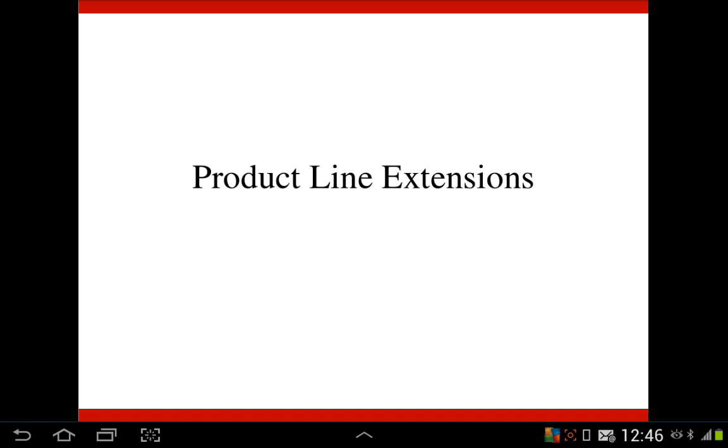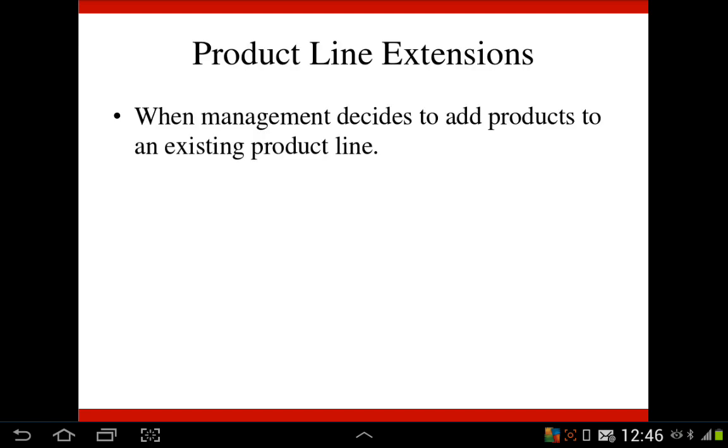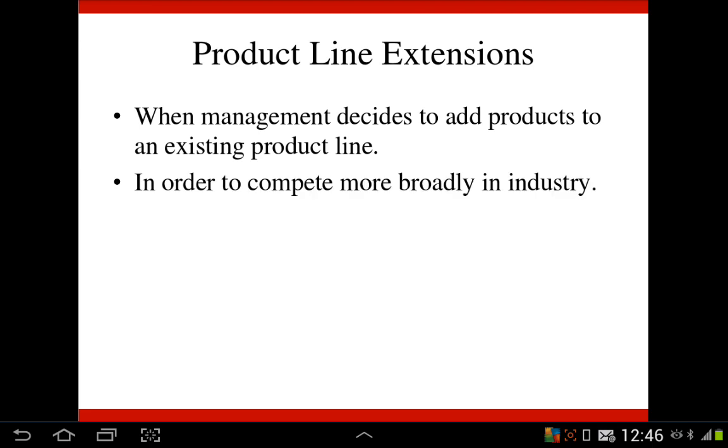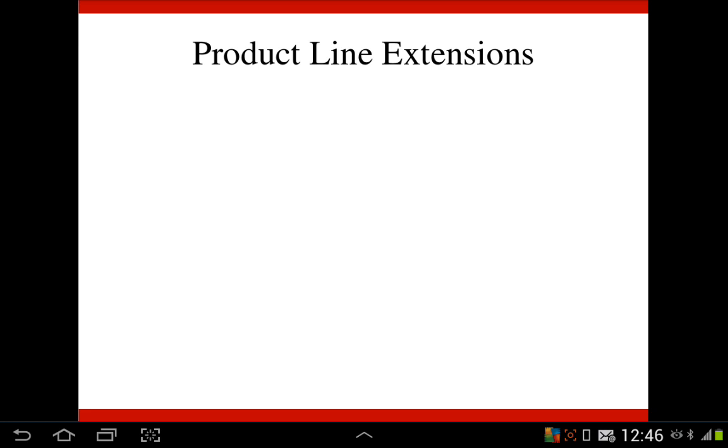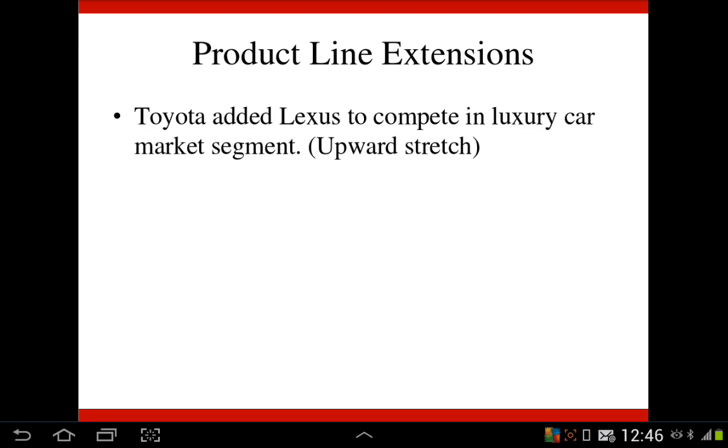Okay, then we have product line extensions. This is where you choose to add products to an existing product line so that you can gain more customers in the market and compete more broadly. For example, Toyota added a Lexus. This is called an upward stretch.